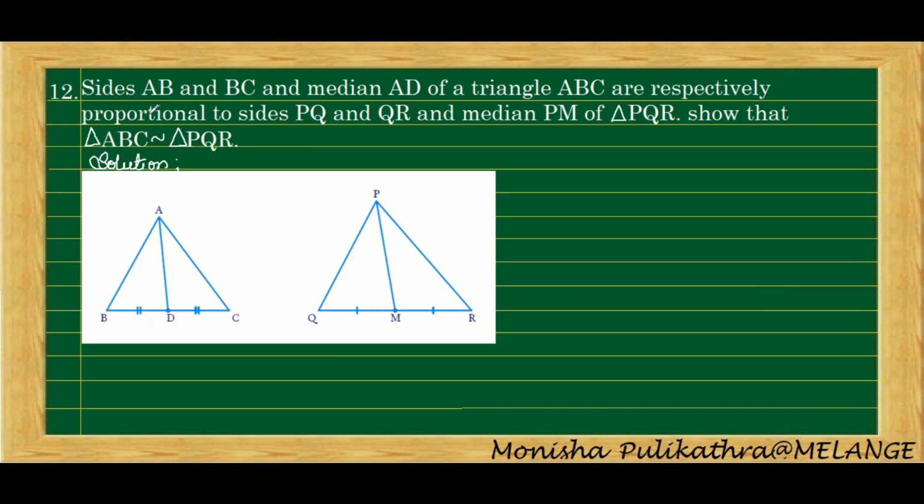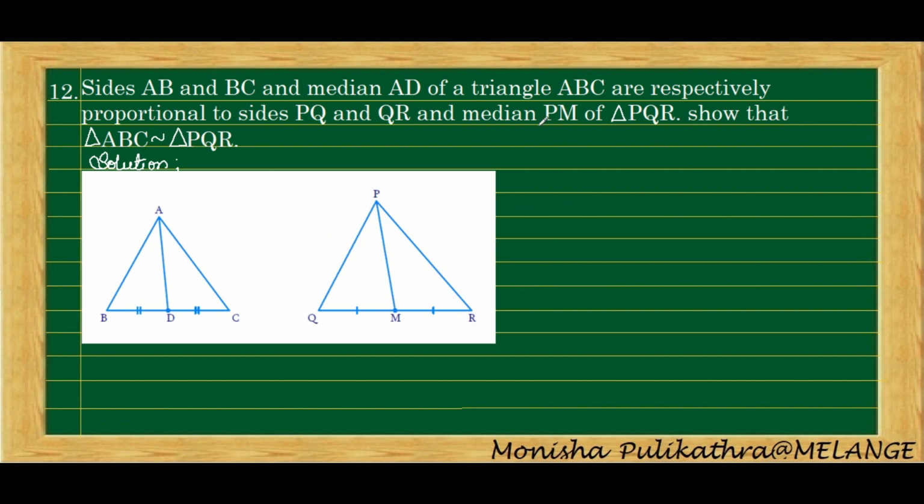In the 12th question they have given sides AB, BC and this median AD is proportional to PQ, QR and PM. Okay, so if one angle of one triangle is equal to another angle and if the sides are proportional to another triangle, then those two triangles are similar. That is by SAS similarity criterion.